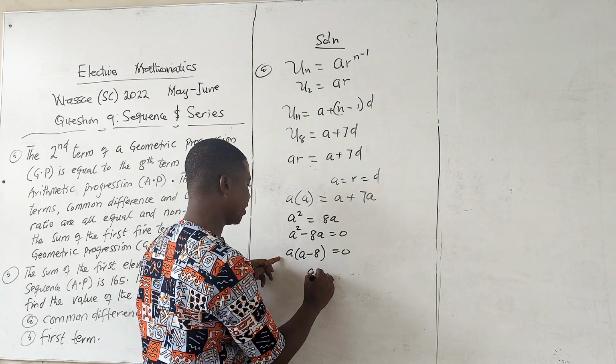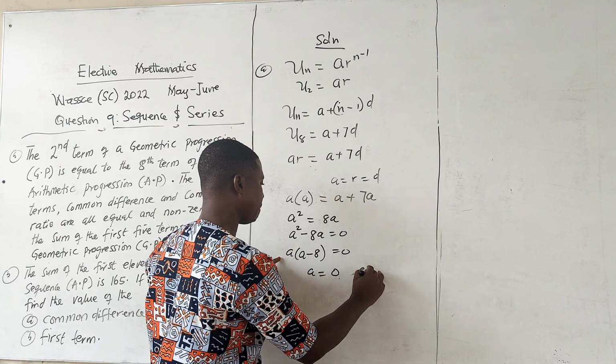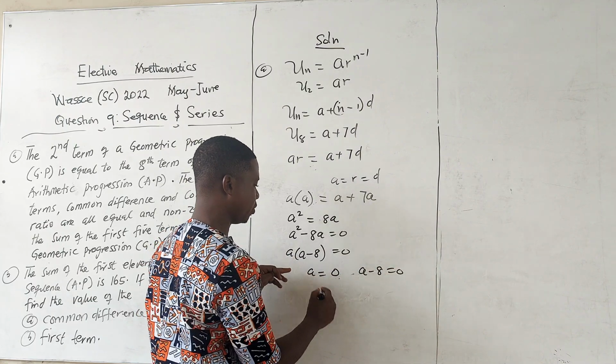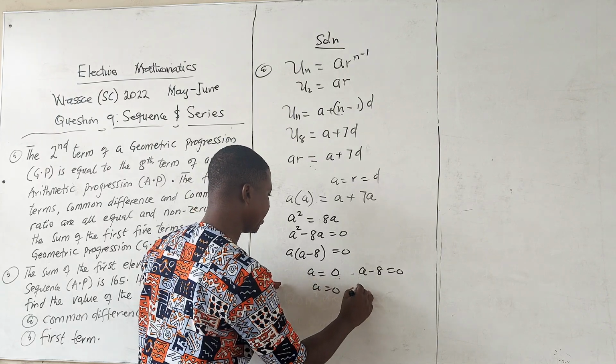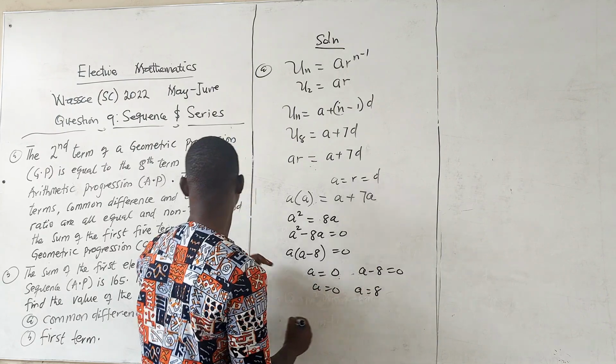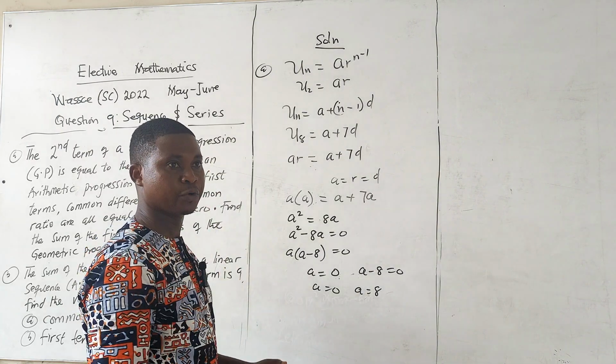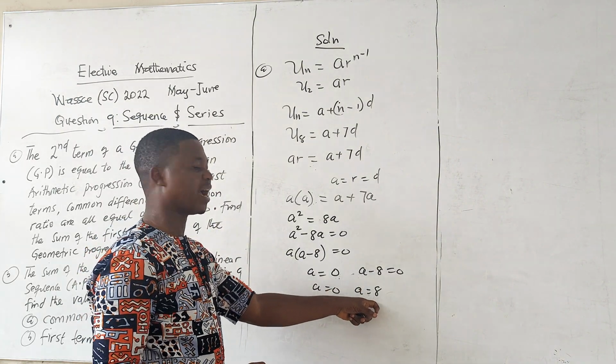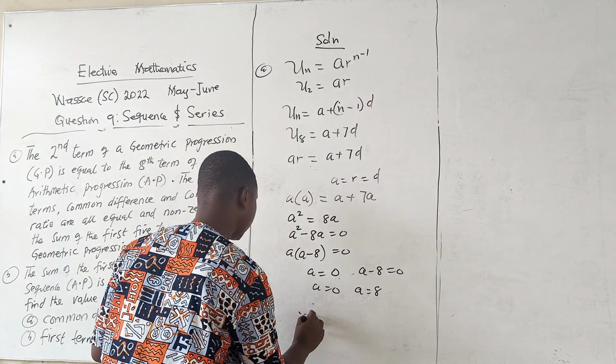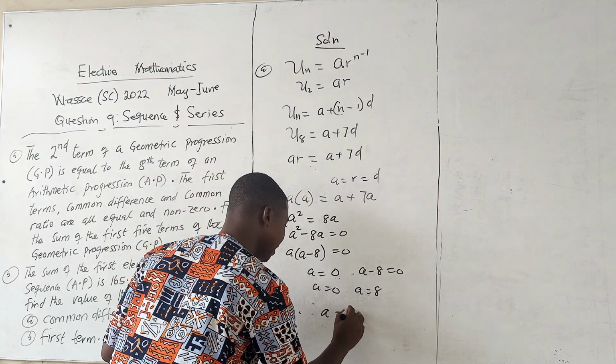So we have A equal to 0, or A minus 8 is equal to 0, so A is equal to 8. But from the question, they are all non-zero, so we can never have A to be 0. Therefore, our A is 8.